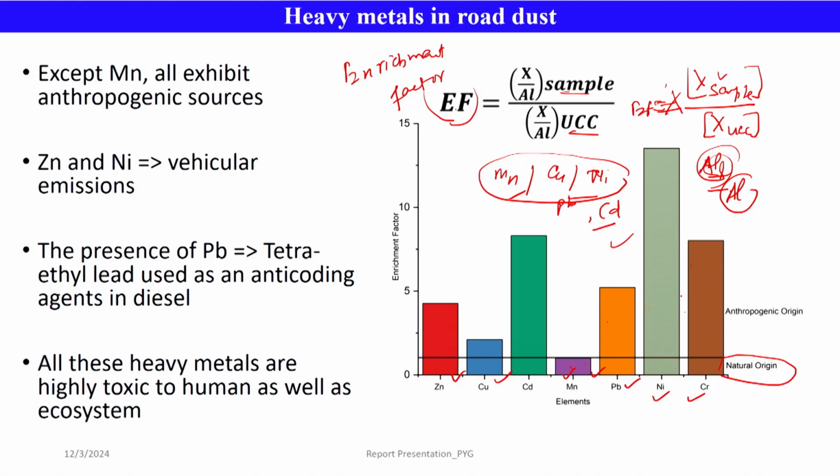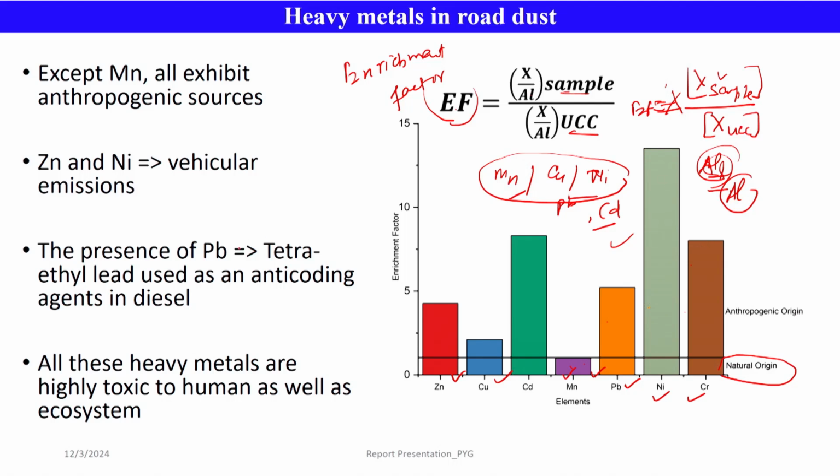If you find such enrichment in samples, you can very clearly see that these aerosols have been influenced significantly by anthropogenic emissions of heavy metals, like industries and vehicular emissions.